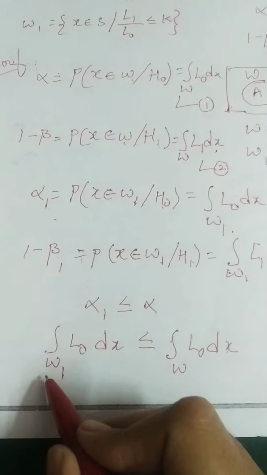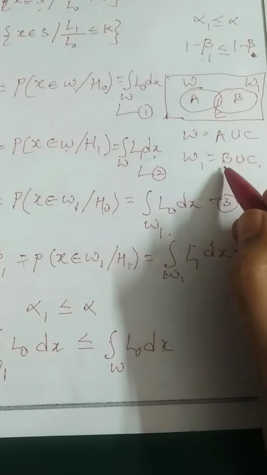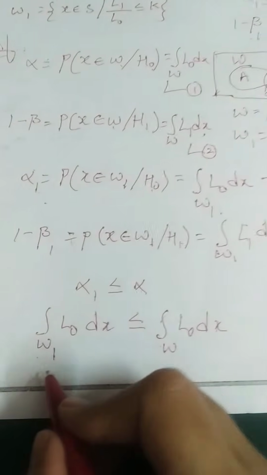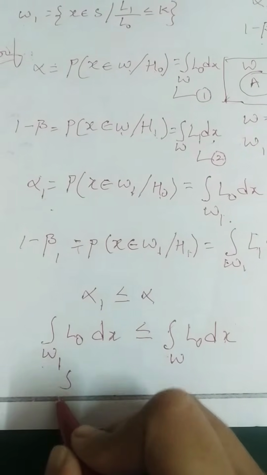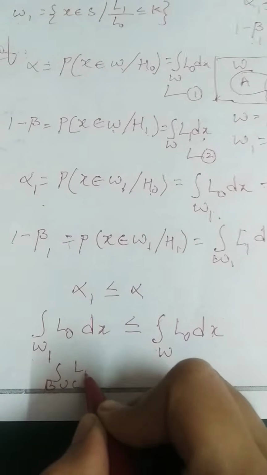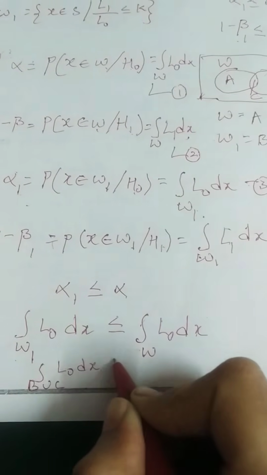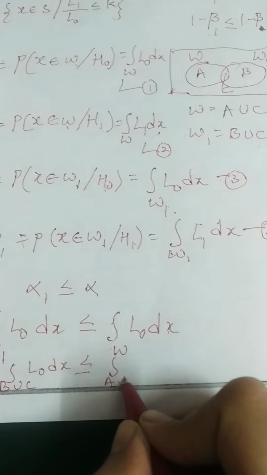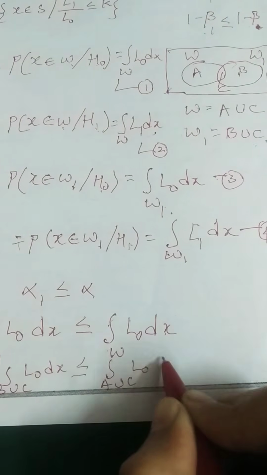Now, what is omega 1 students? It is B union C. What is omega? It is A union C. We can write it as the integral over B union C of L naught dx less than or equal to the integral over A union C of L naught dx.